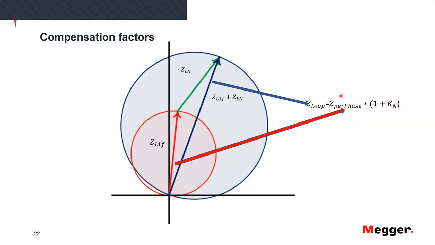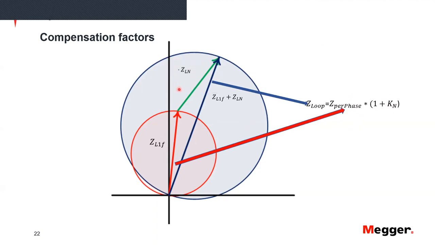And what this multiplication does is it makes this addition of this impedance here plus the neutral impedance. But since we don't know how much impedance is there in the neutral, but we do know the compensation factor for that line, it's easier to do it this way than to try and do it with an actual addition.